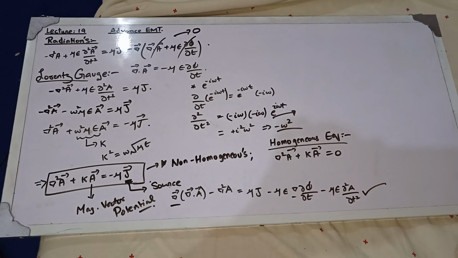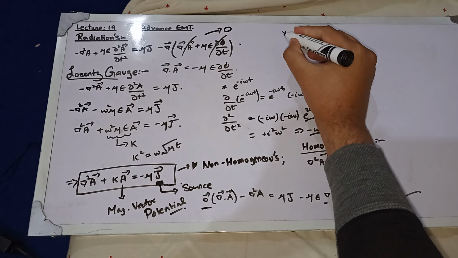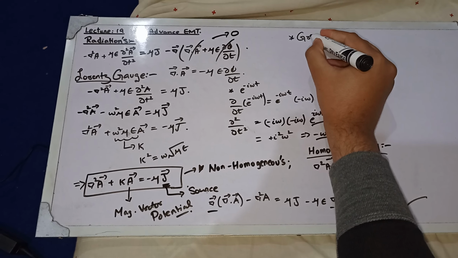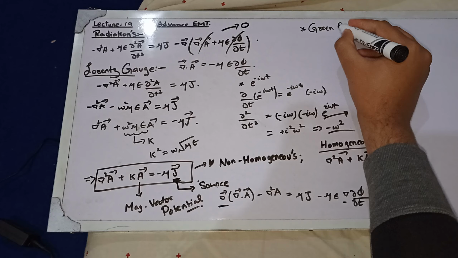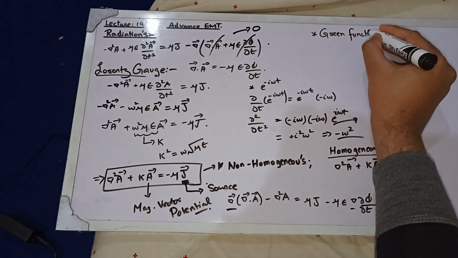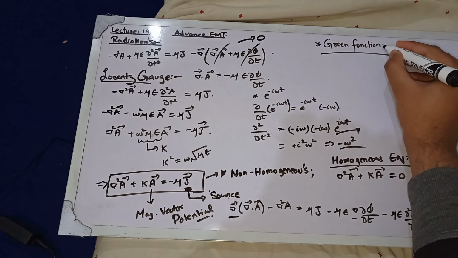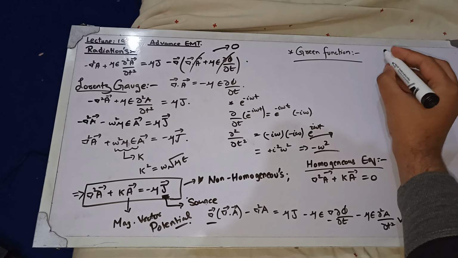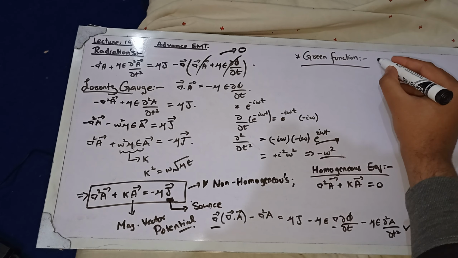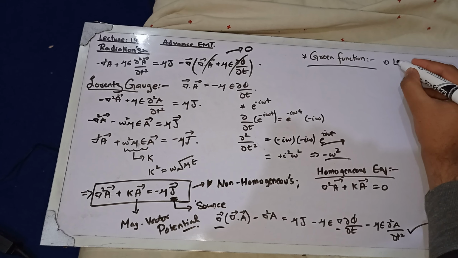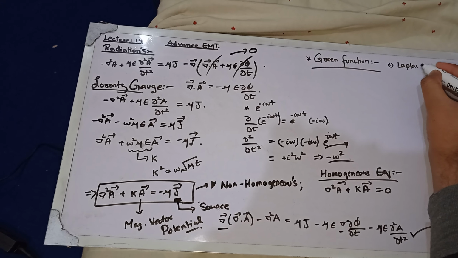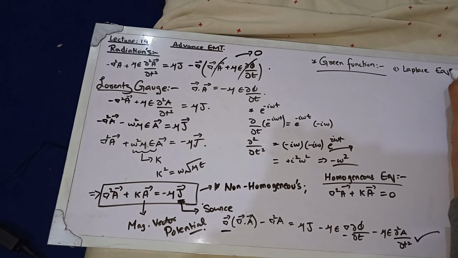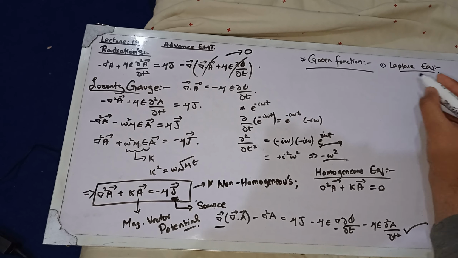Now let's conclude today's lecture with a small topic, which is the Green function. A simple trick in this Green function is that there are two terms. First of all, let's take the Laplace equation.